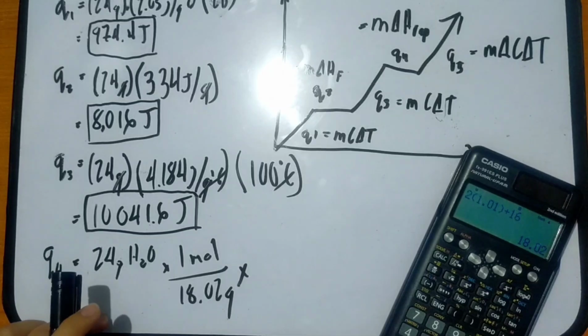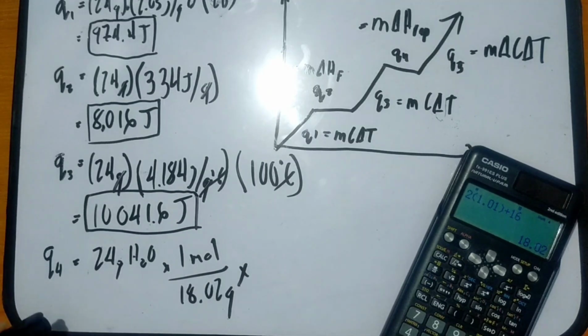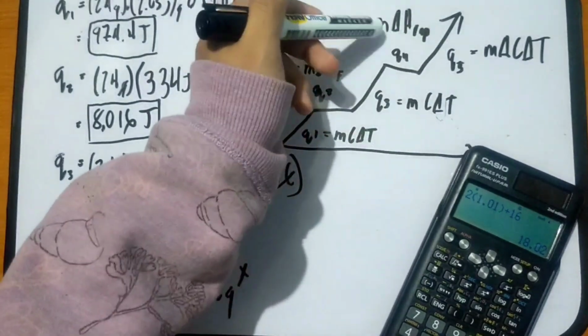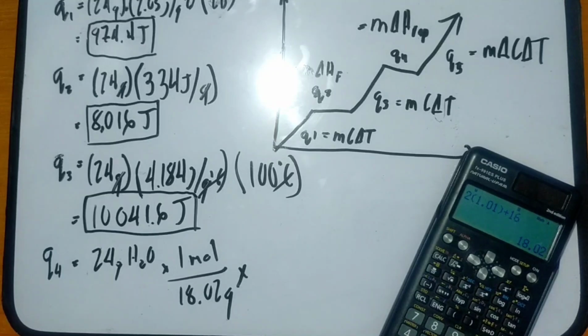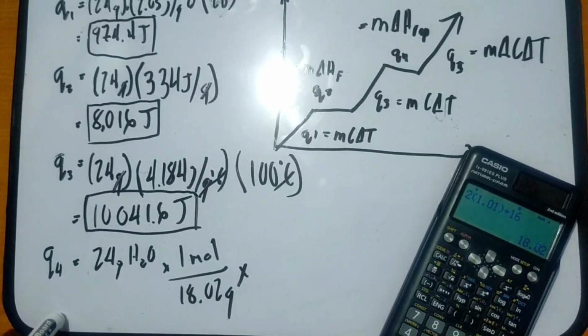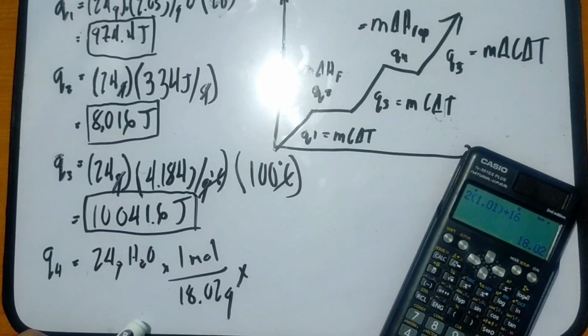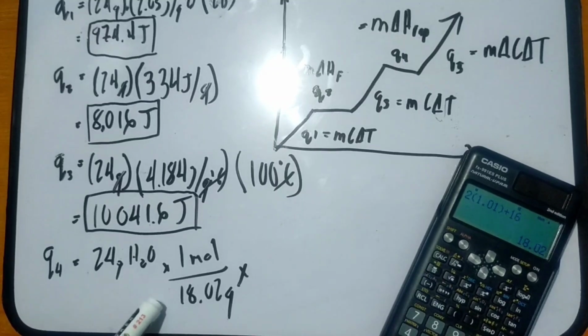So back tayo sa Q4, which is ito, mass times the heat of vaporization. Since ang heat of vaporization natin is 40.7 kilojoules per mole, while given tayo ng 24 grams of H2O, ko-convert muna natin siya into mole. So, ito.